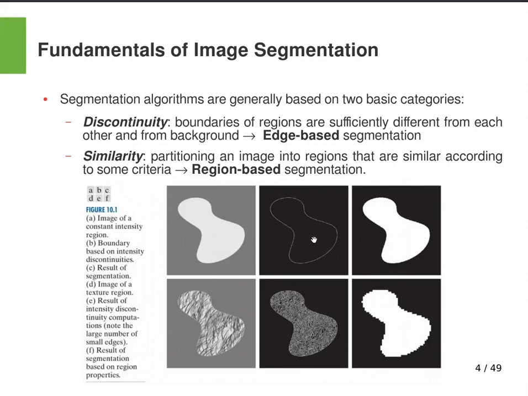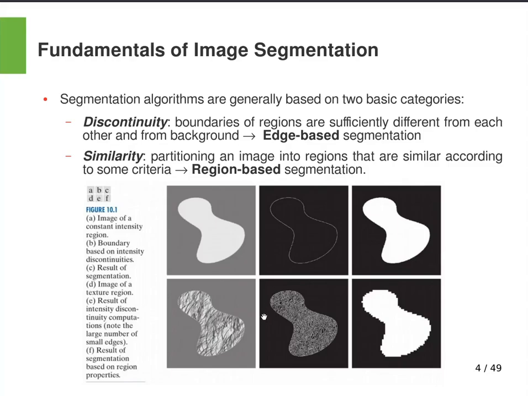In the middle we have the boundary based on the intensity discontinuities of these two regions, and then finally we have the result of segmentation that has the blob as white or one class and the background as black or the other class.